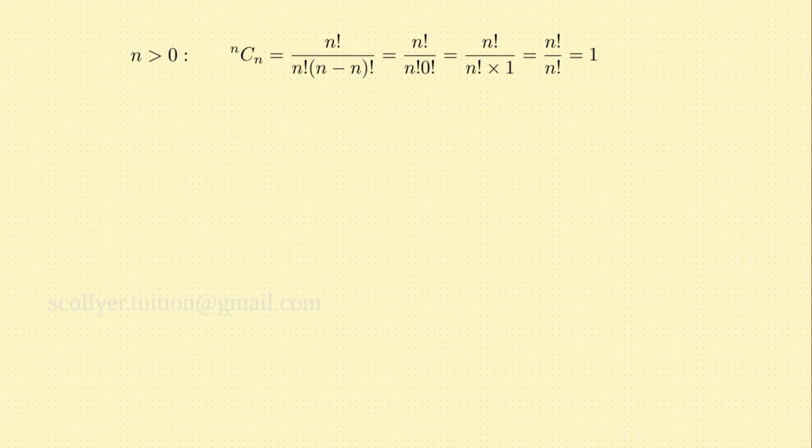Now, for the cases where n is greater than 0, we have n choose n from the definition is n factorial over n factorial times (n minus n) factorial, which becomes n factorial over n factorial times 0 factorial. We've seen this before. It becomes n factorial over n factorial times 1, which is n factorial over n factorial, which equals 1, as required.